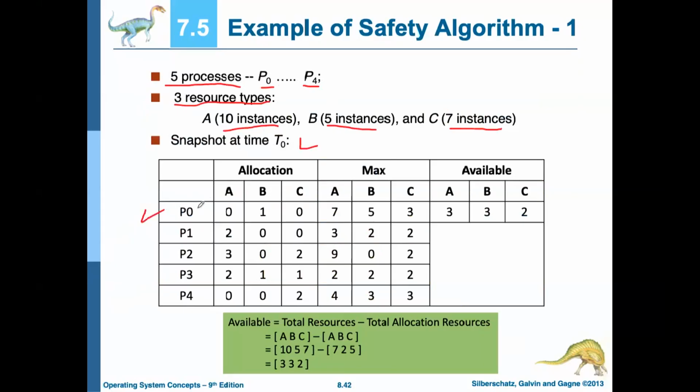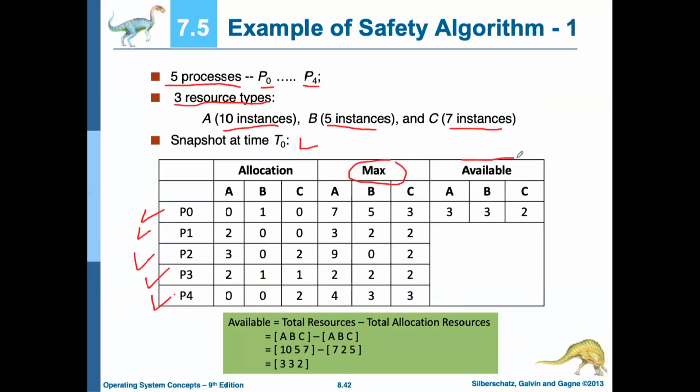This is the allocation for each of the processes P0, P1, P2, P3, and also P4. And this is the maximum, and we have the available.